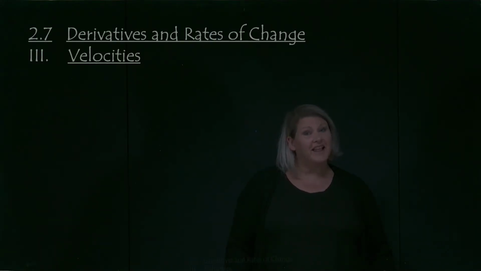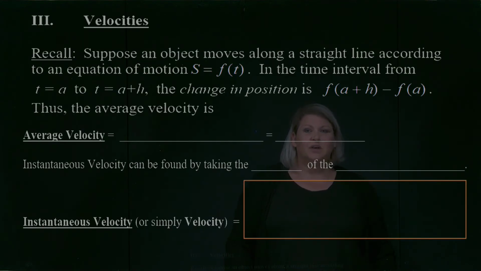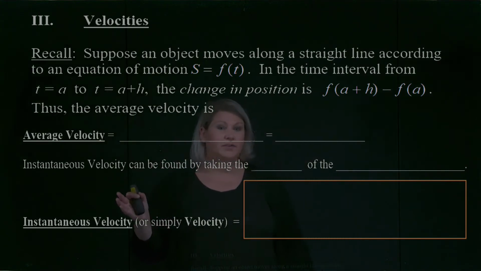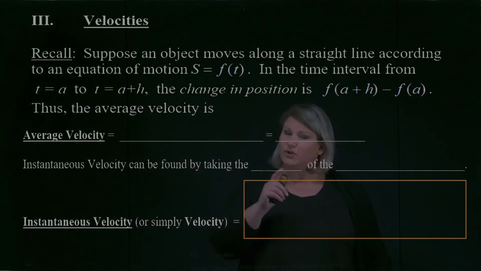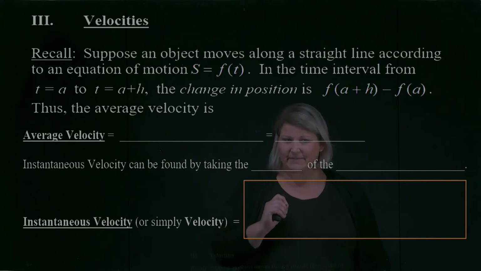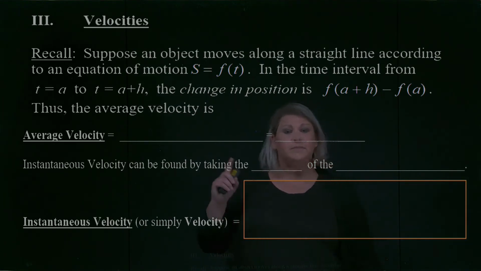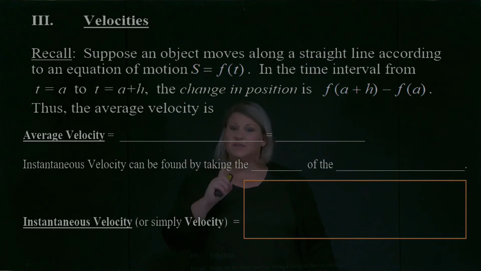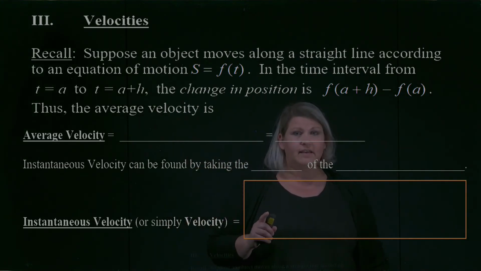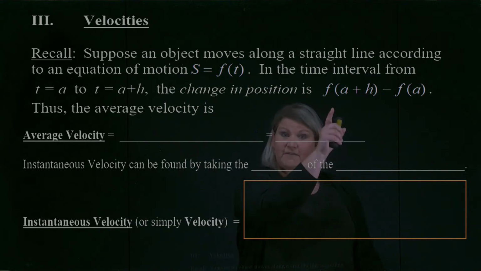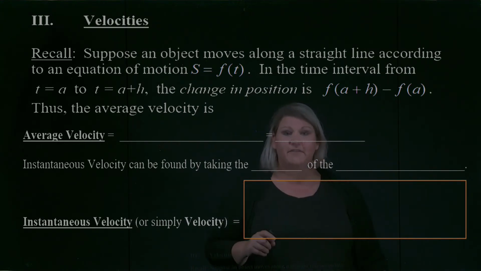We're going to talk about velocities. So keep in mind, if you have an object that's moving along a straight line according to an equation of motion s, which is a function of t time, in the time interval from t equals a to t equals a plus h, then the change in position is going to be denoted by f of a plus h minus f of a.